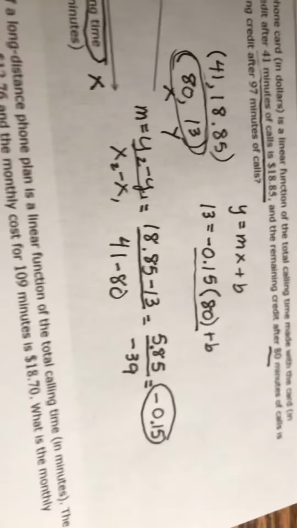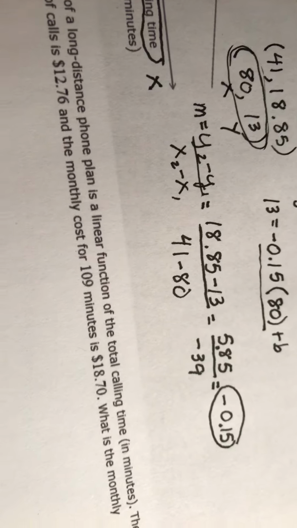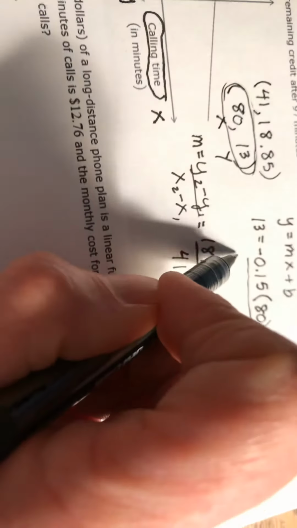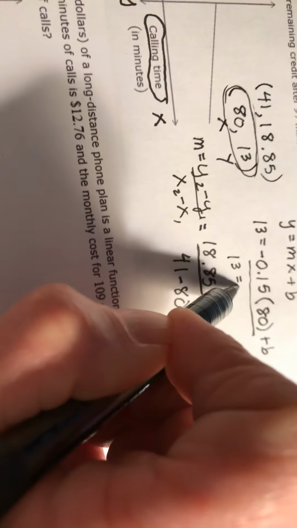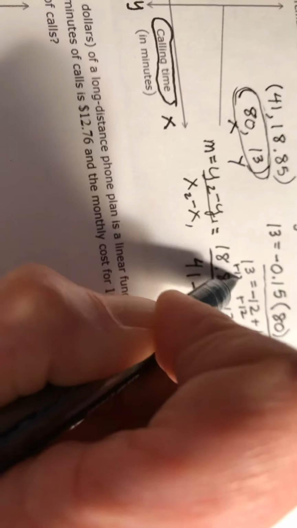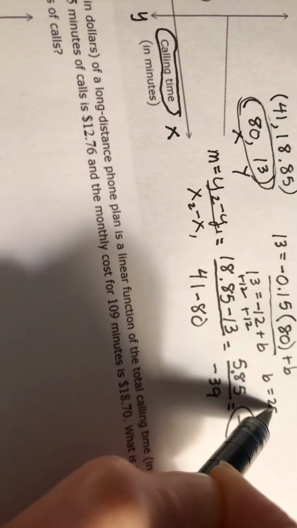Negative 0.15 times 80 is negative 12. So 13 equals negative 12 plus b. Oh, this is turning out pretty nicely. Add 12, and I get b equals 25.